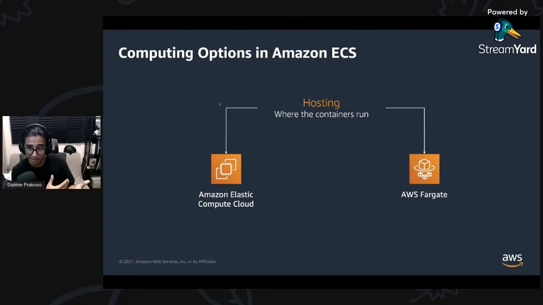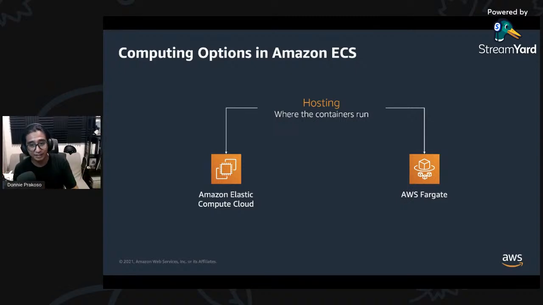It could be on-demand, reserved, or spot instances. But in other cases, you may not need to think about infrastructure, so you can focus on application development instead of system operations. All you want is to specify the container image that you want to run, determine the appropriate resources, networking, and storage, and let ECS run it with Fargate.